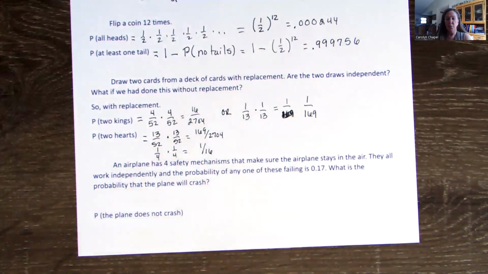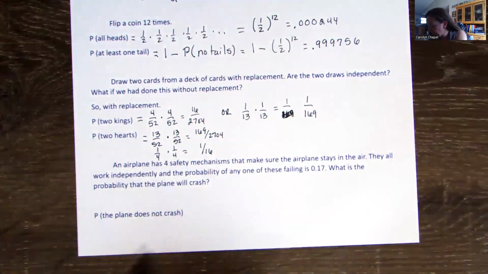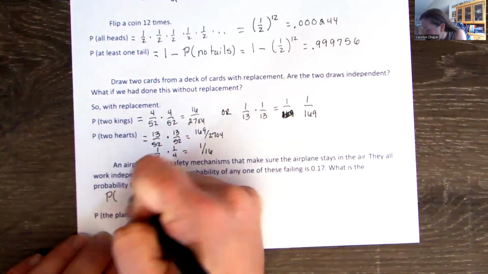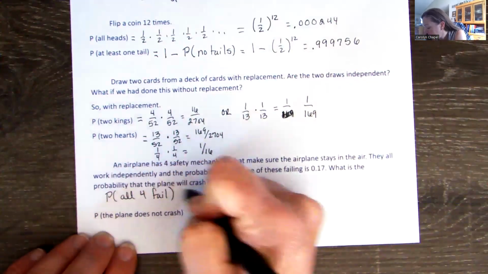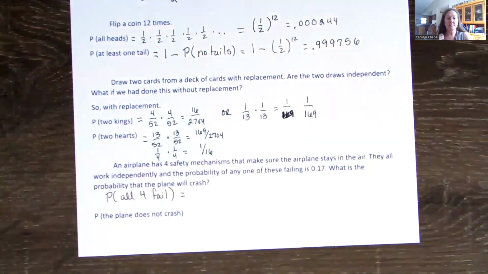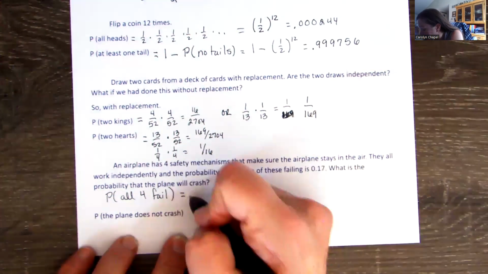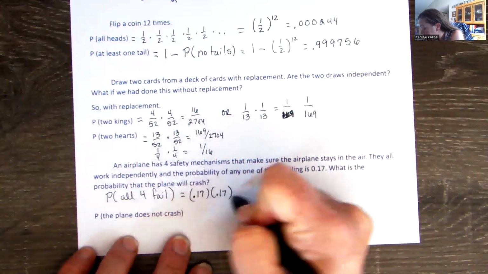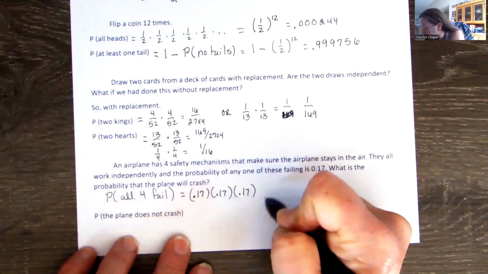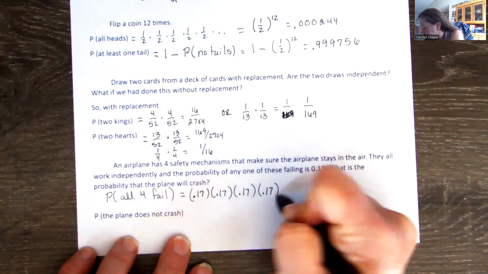And we want to know what the probability is that the plane will crash. The only way it will crash is if all 4 fail. Since they are independent, the first one has to fail, and the second one has to fail, and the third one has to fail, and the fourth one has to fail.